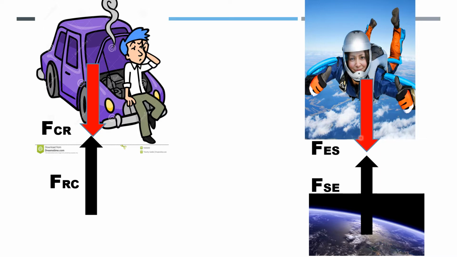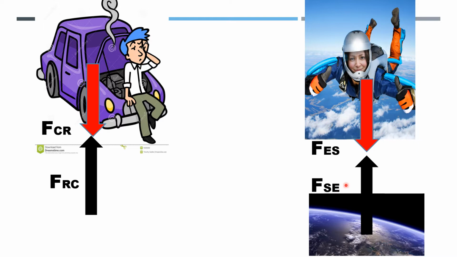So you will notice that the body where the force is being acted upon is not the same. For example, for the action force FES, the last letter in the subscript is S, referring to the skydiver, and for the reaction to that, FSE, the second subscript is letter E, meaning the Earth.